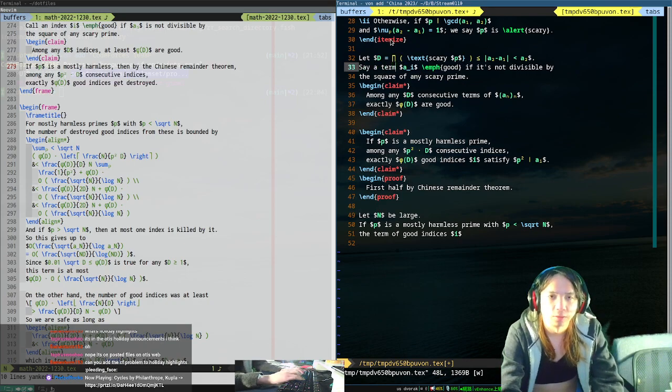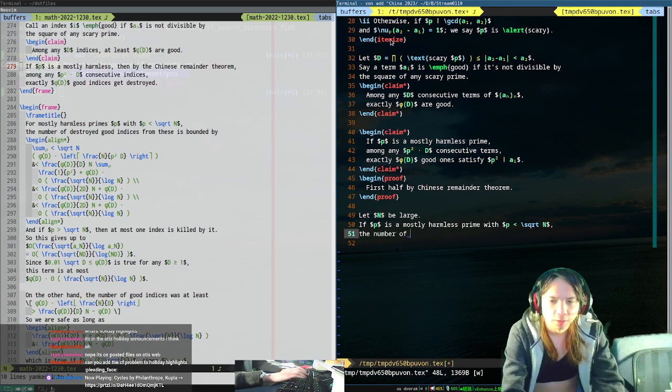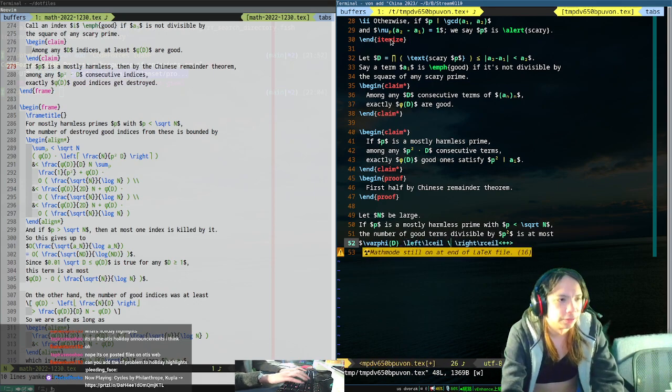Say a term is good. The number of good terms divisible by p squared is at most ceil of n over p squared d.